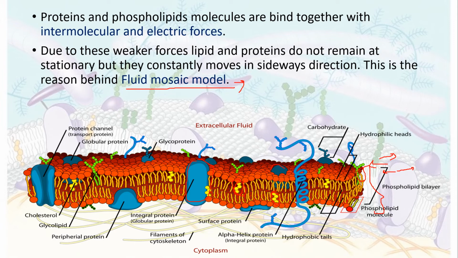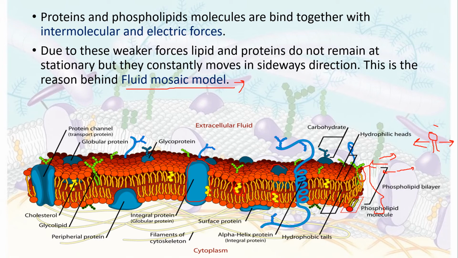This movement is due to the sideways or lateral movement of phospholipid molecules that we will see in our upcoming videos. The phospholipid molecules have the property to always move laterally, either to the left or to the right. So there is always a sideways movement. Due to this, the complete cell membrane, including these proteins and cholesterol, is also constantly moving.